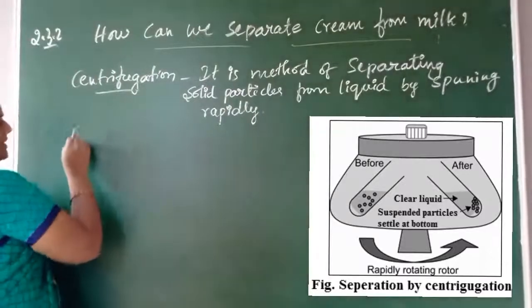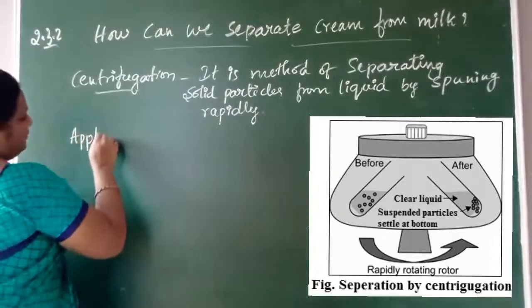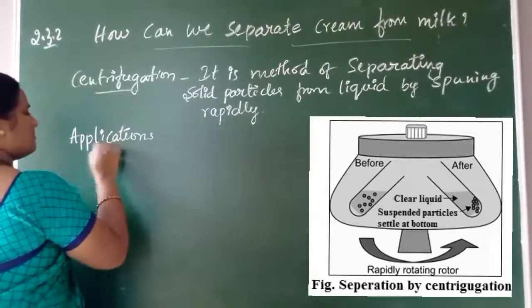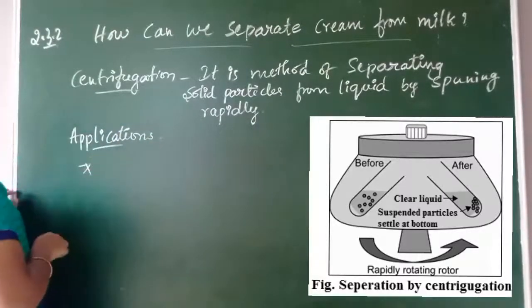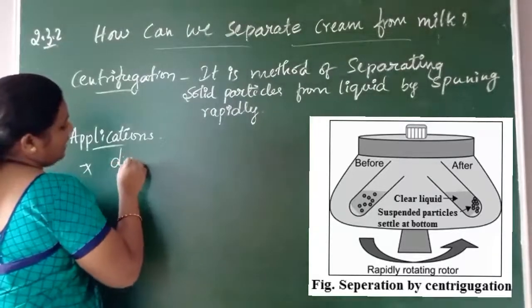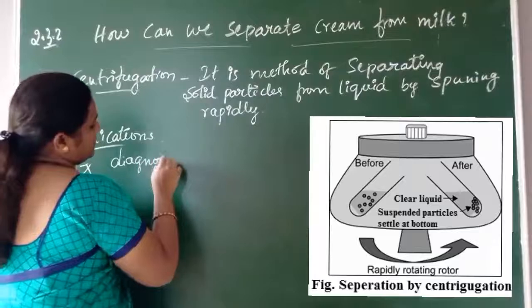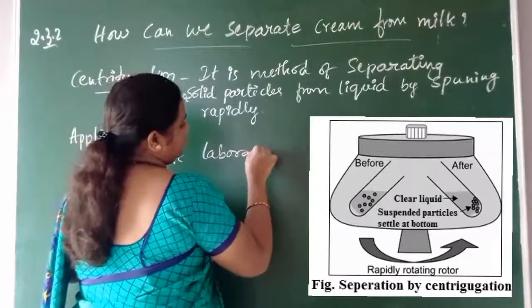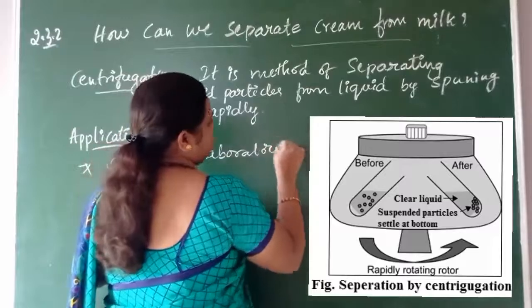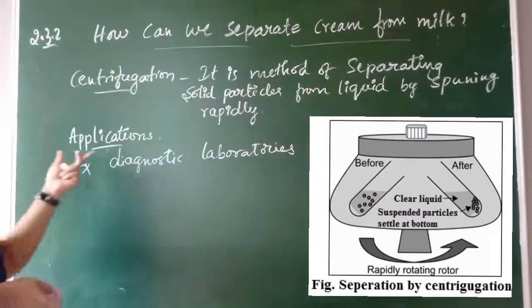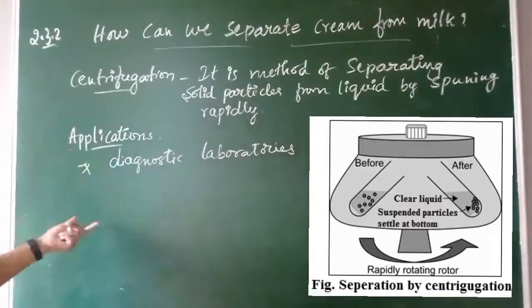So what are its applications, children? The first one, it is widely used in laboratories, children, especially in diagnostics laboratories. To examine urine or blood, we use the centrifugation method.